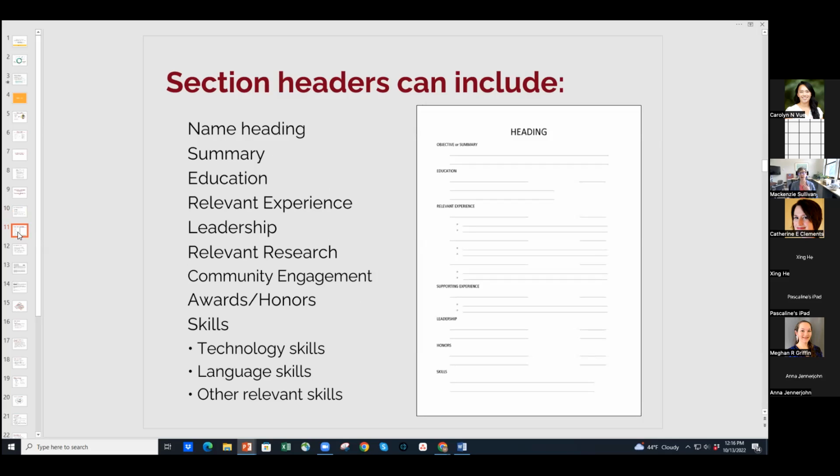If it's not a selling point, it might go near the bottom. Your relevant experience. Sometimes people have leadership, relevant research, community engagement, honors and awards. We're going to talk a little bit about that. And sometimes folks, when they have technology skills or other relevant technical skills, not basic or foundational skills, will put lists of those in there too.